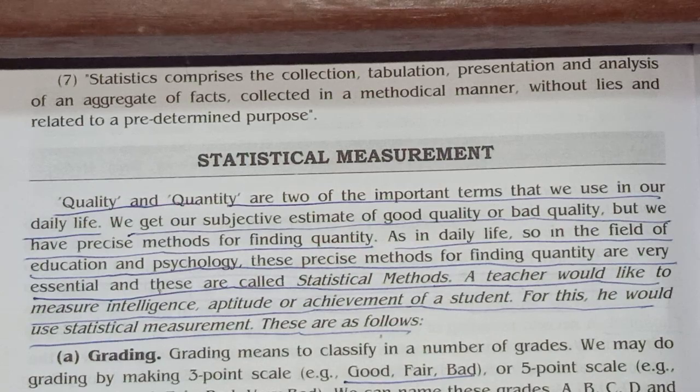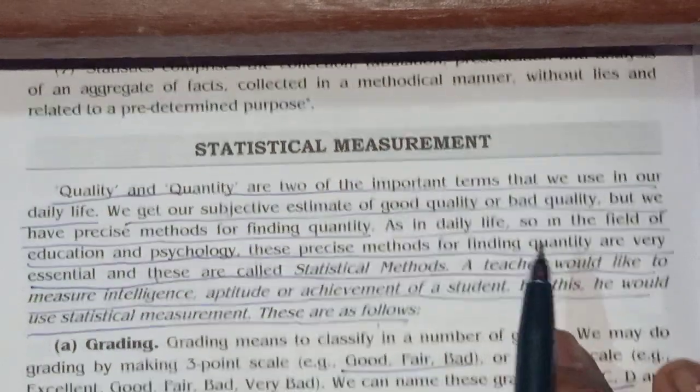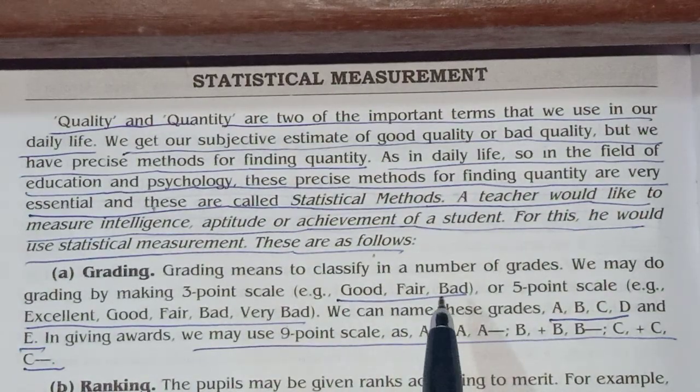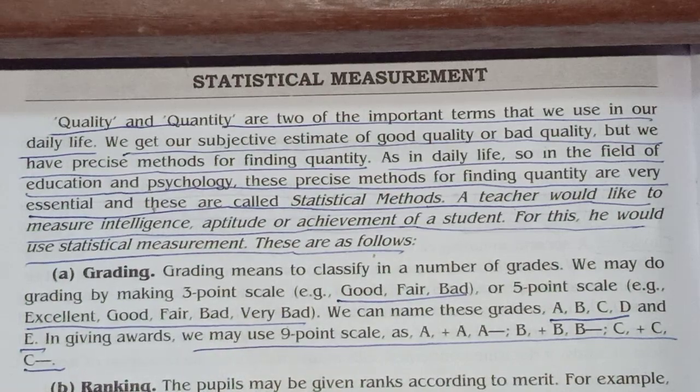How does it work? If a teacher wants to know the intelligence, aptitude, or achievement of a student, he will use statistical measurements. How? By grading. Grading means to classify in a number of grades. We may do grading by making a 3-point scale, like good student, fair student, bad student, or a 5-point scale: excellent, good, fair, bad, very bad students.